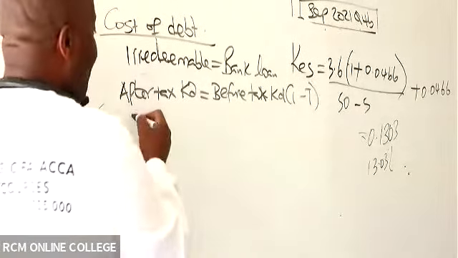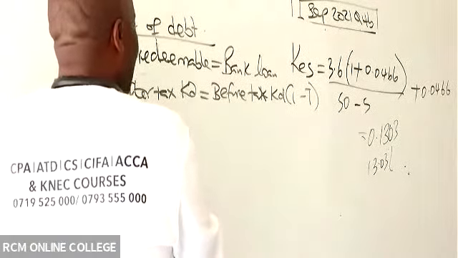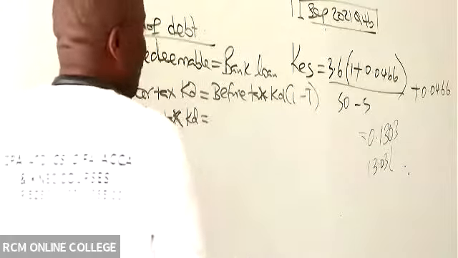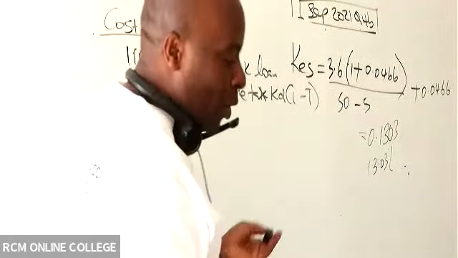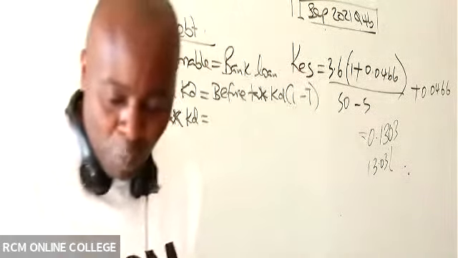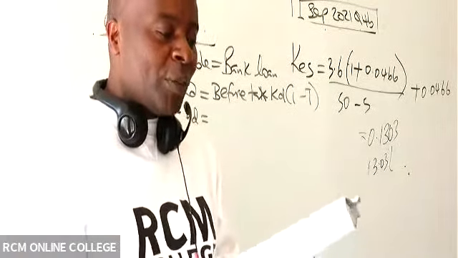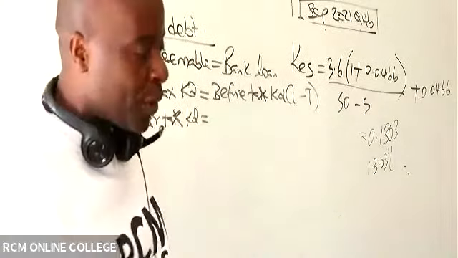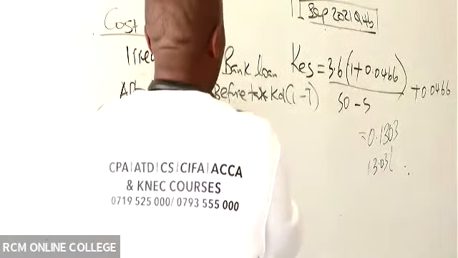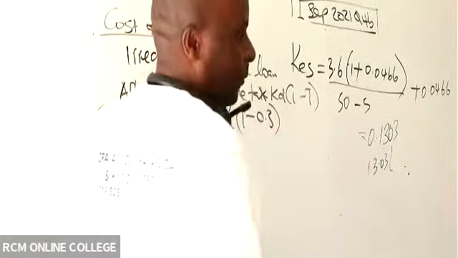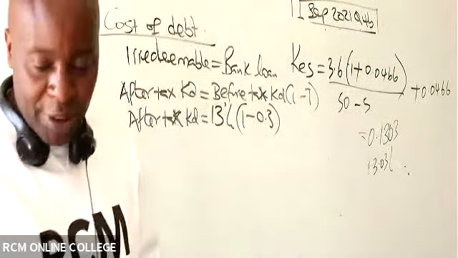So in this particular case, after tax KD, they have given us the before. The coupon rate is before tax. The coupon rate given there is before tax, and it is what percentage? 13. It's always before tax. So 13% into 1 minus tax, which is 30%, isn't it? Are you able to see the tax rate?